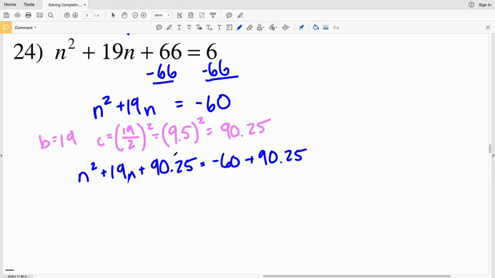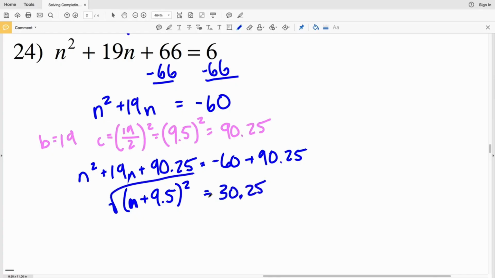And if you're more comfortable leaving this as 9.5 squared so that you remember that that will be your new b value when you simplify, for instance, n plus 9.5 squared, feel free to do so, because a squared plus 2ab plus b squared equals a plus b squared. And then negative 60 plus 90.25 equals a positive 30.25.